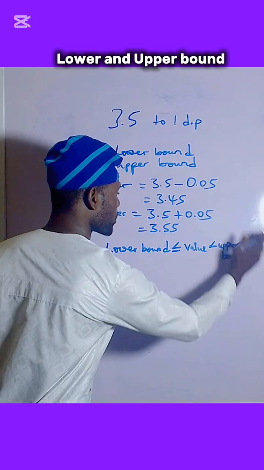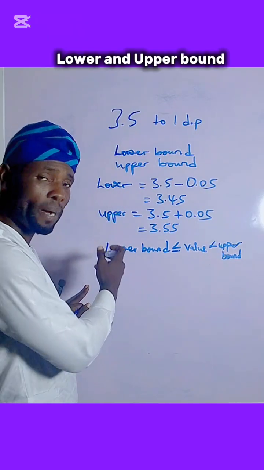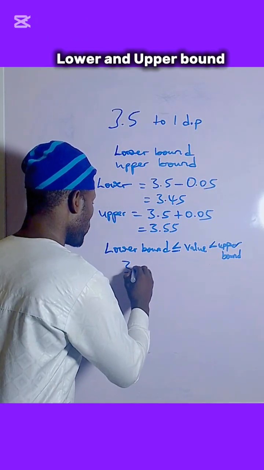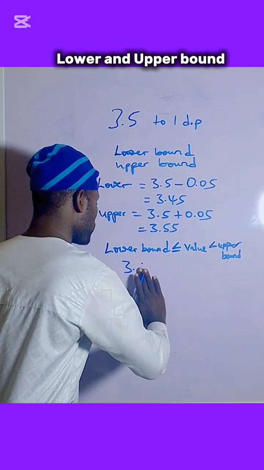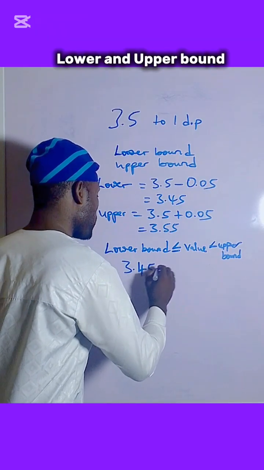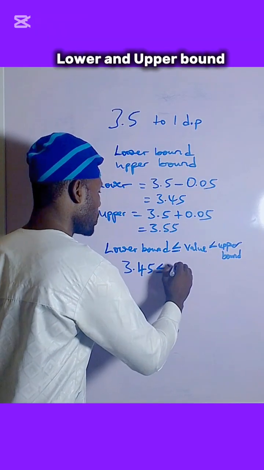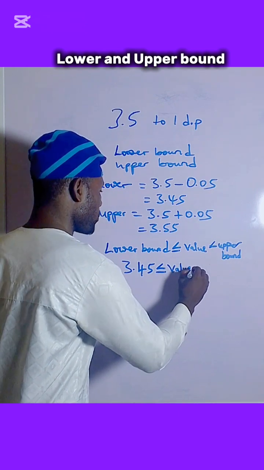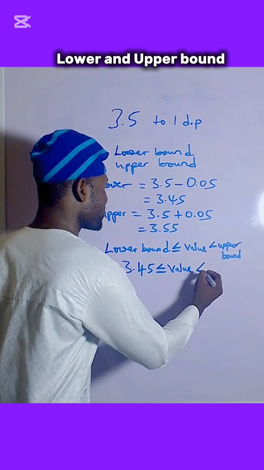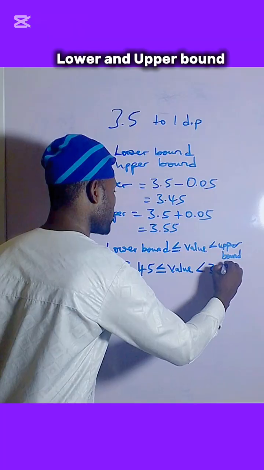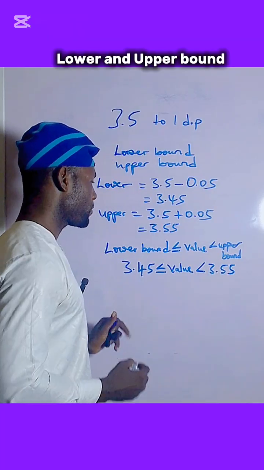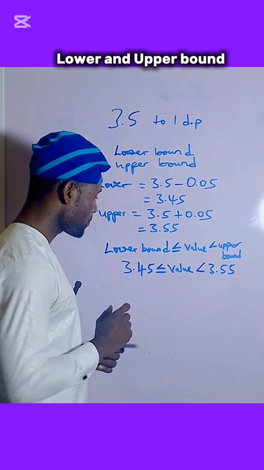Permit me to write it like this because of space. What is our lower bound? Our lower bound is 3.45. So 3.45 less than or equal to the real value, the real value less than 3.55.